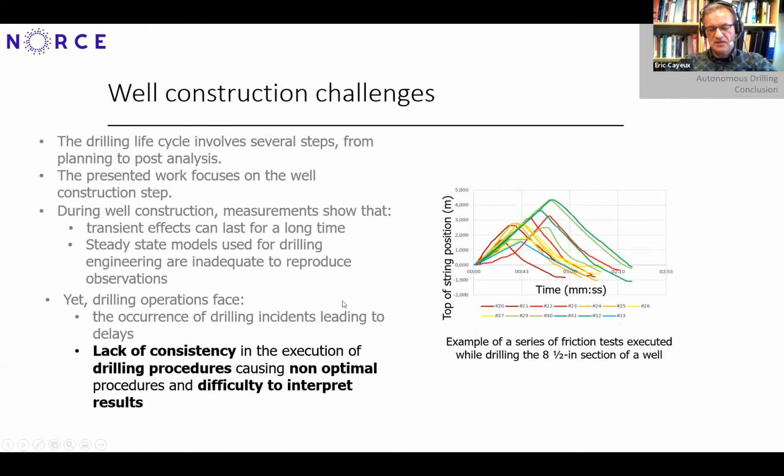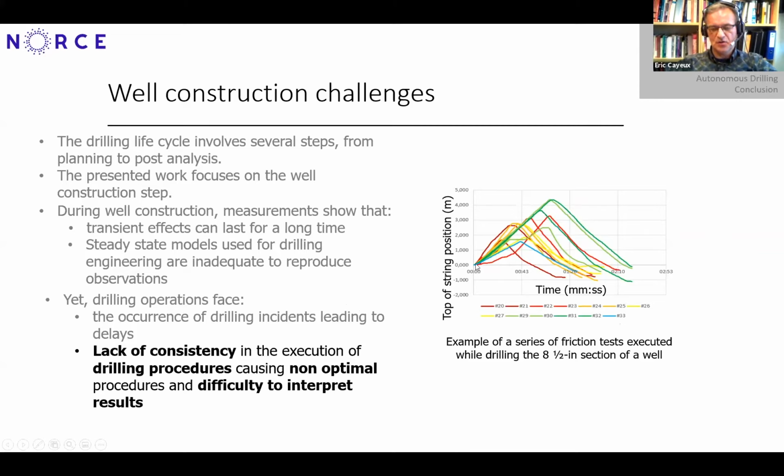And then the next thing, which is quite important, is that the drilling operations are conducted by human beings, and human beings are very creative. So you can see how friction tests are executed by a team of 2 drillers. We are not talking about many different drillers, we are talking about 2 drillers.